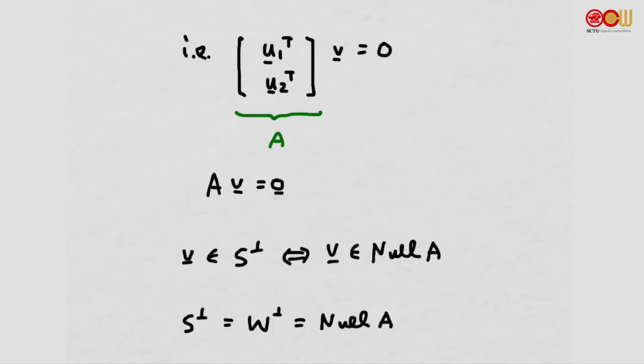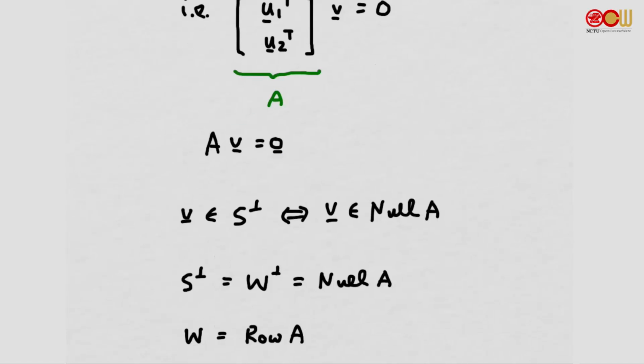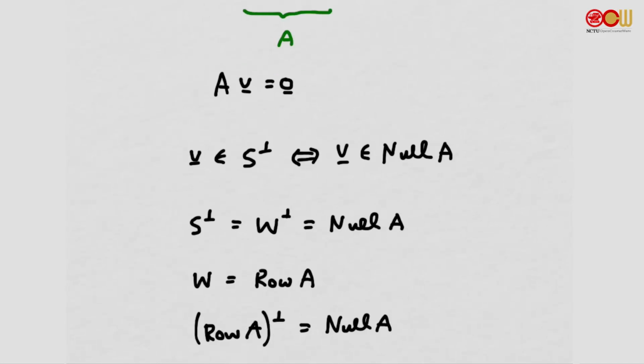Related to some subspace of A? Column space, row space? It's the row space, isn't it? W is the span of U1 and U2, so W is actually the row space of A. W is the row space of A, and W perp is the null space of A, so the orthogonal complement of the row space of A is the null space of A.